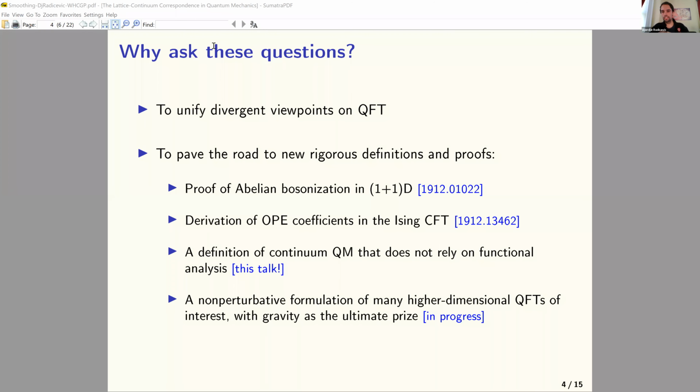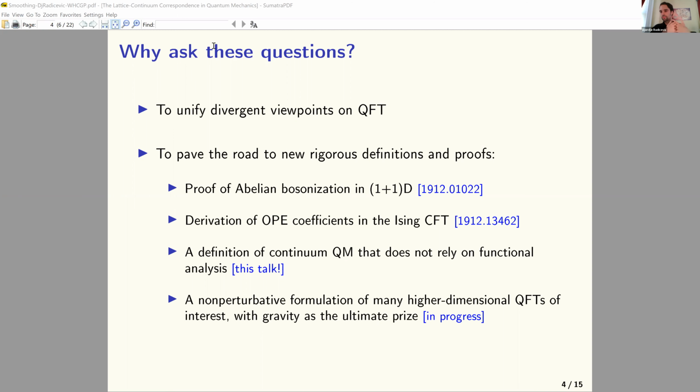And then I think that thinking along these lines actually has utility in paving the road to new definitions and proofs, which are just as rigorous and potentially just as useful as the existing ones in the continuum. Two recent papers that I put out at the very end of last year do this in 1+1 dimensional QFT.